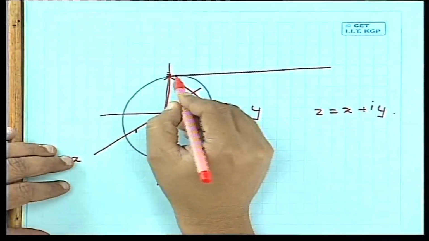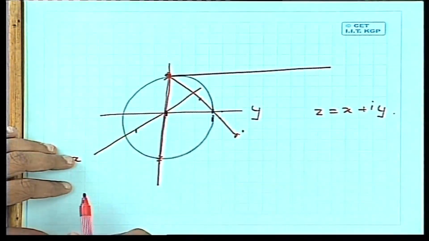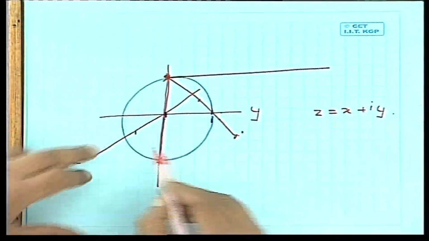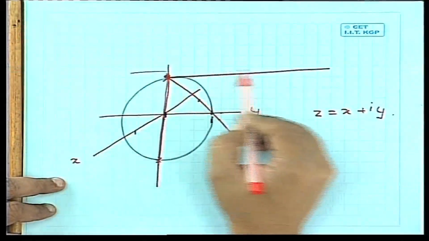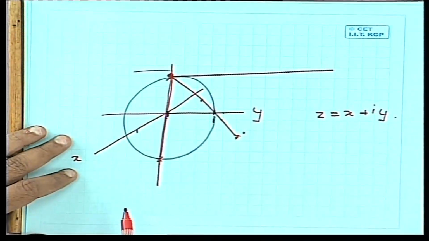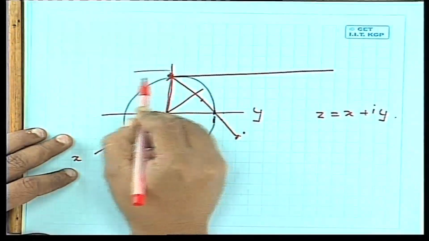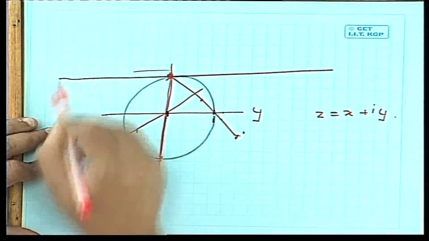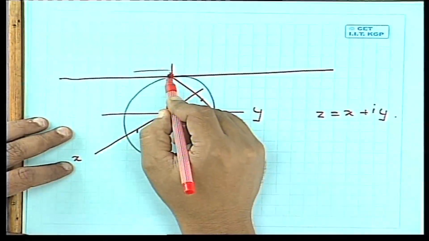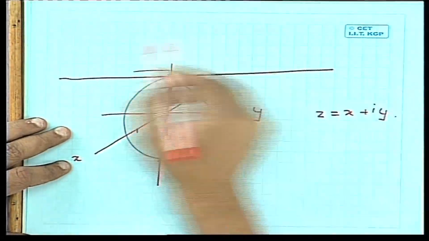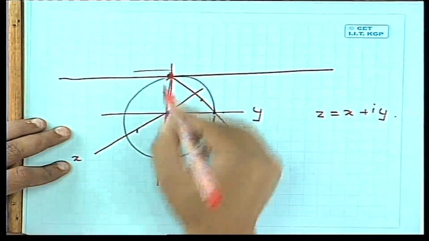And here also we see that all the points at infinity correspond to this point over here, because the line passing through this point, cutting this plane at infinity, is this parallel line. If I want to intersect infinity at this side, then it will be this line. All of these lines are tangential to the circle at this point. So this is the point which represents infinity. So the whole of infinity is represented by this point.